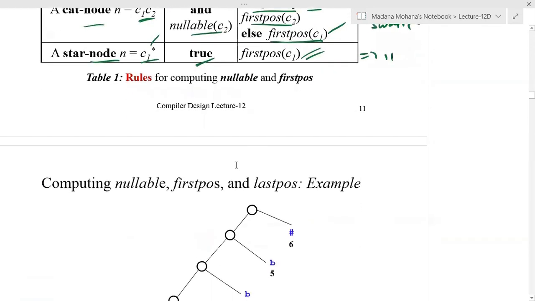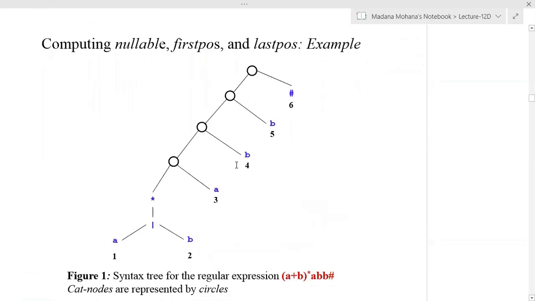Now let us compute for the syntax tree that we demonstrated above. So this is the syntax tree here. Using the above rules, we will compute first and last position for every node. Here you can see, within sets on the left side of each node, these are the first position values. On the right side of that particular node, these are the last position values.